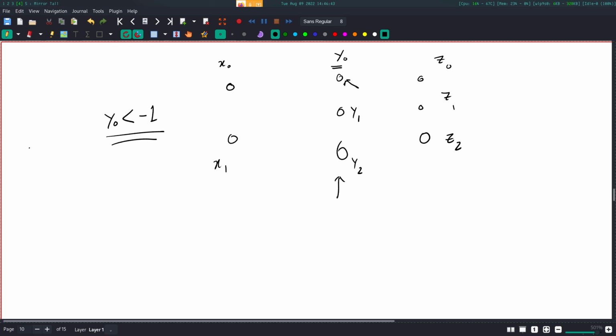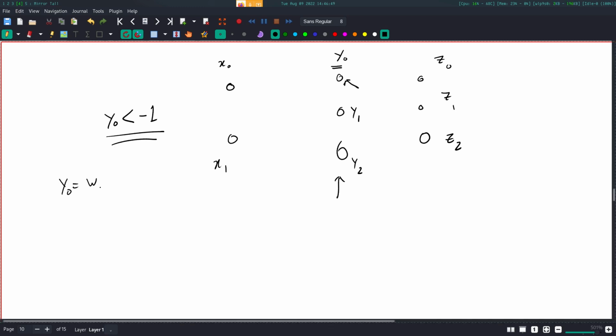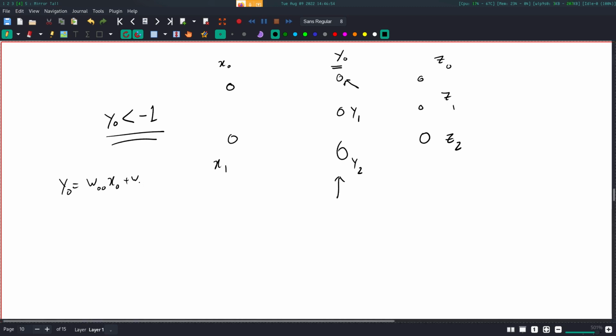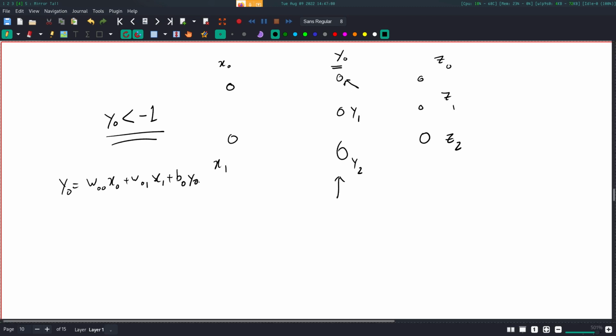So then y0 is equal to, let's say, w00 x0 plus w01 x1 plus b0, right?